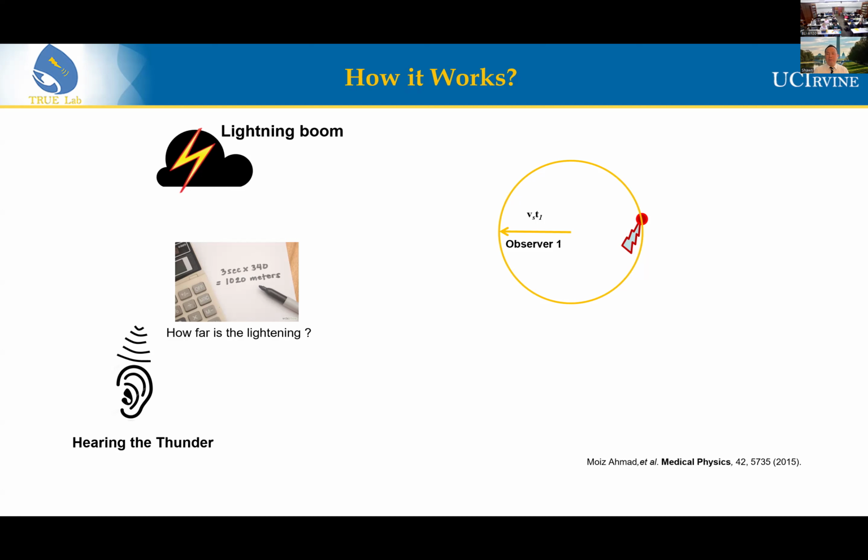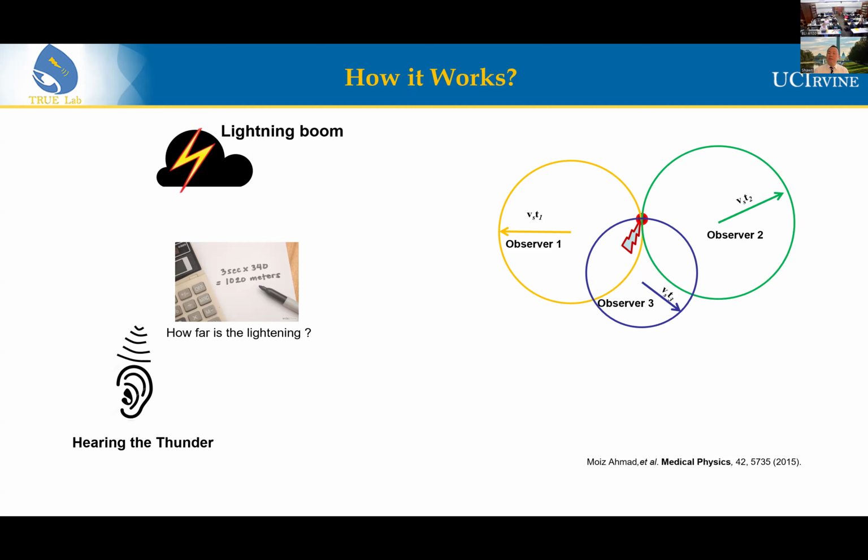To pinpoint the location, because in imaging we really want to know the internal structure, if you have three detectors at three different positions, you have different time delays, and you can easily pinpoint the location of that same target. That's a very simple back projection principle for image reconstruction.